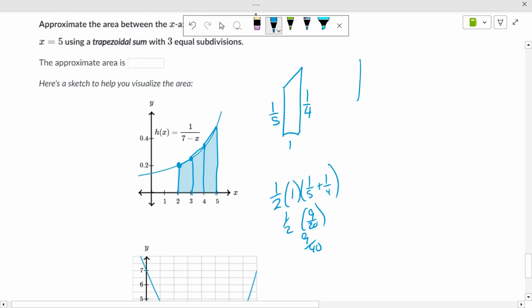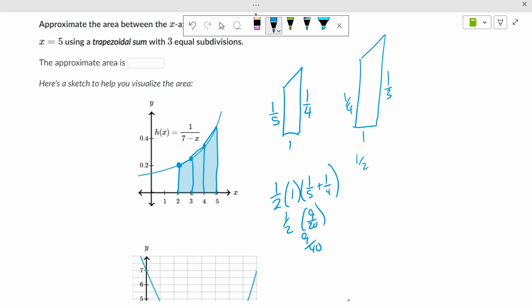Our second trapezoid is 1/4 on this side, 1/3 on this side. 1 is the width, so we go 1/2 of 1 times 1/4 plus 1/3. Add those up, so that's 7/12. So 1/2 of 7/12 is 7/24.